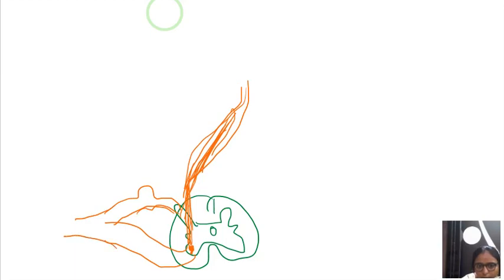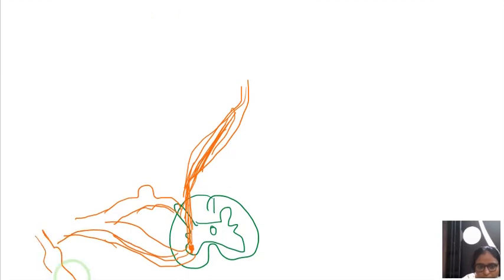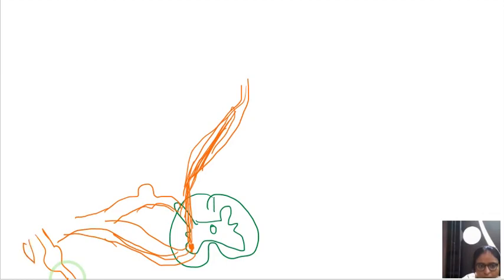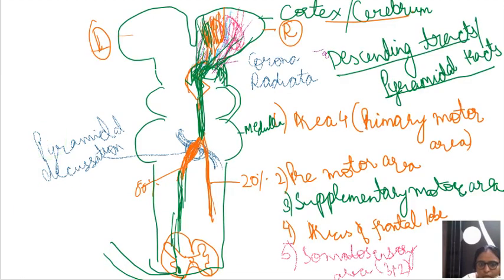See, from the ventral root, your motor neurons will arise and they will supply your muscle or gland, meaning your effectors. Now your reflex arc is also complete, right?